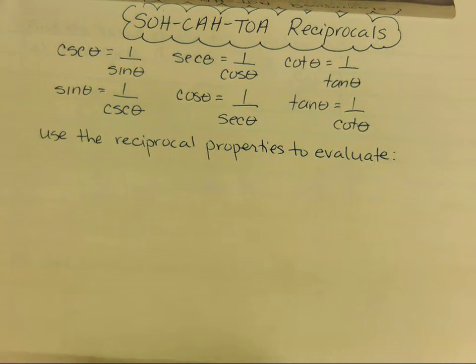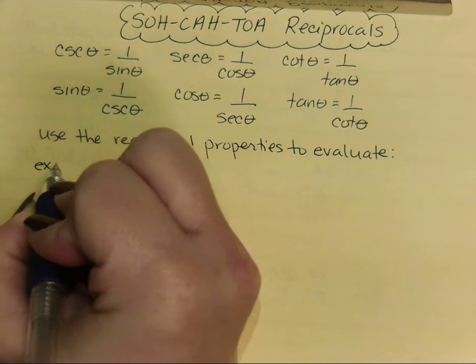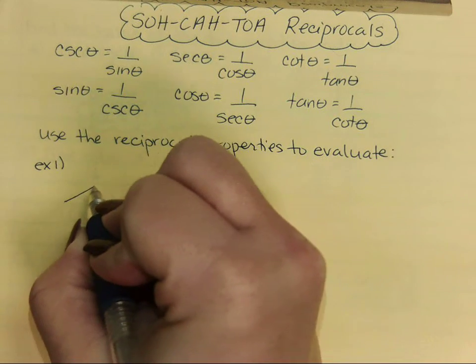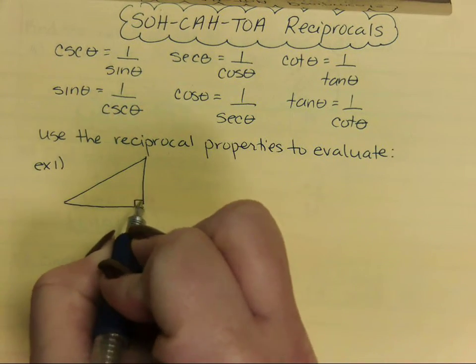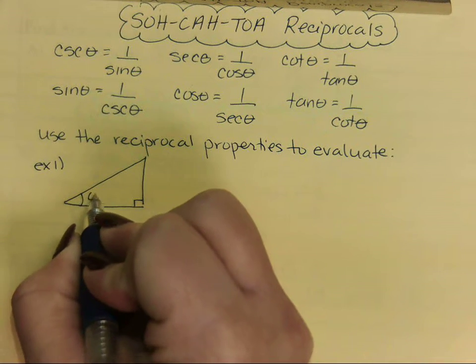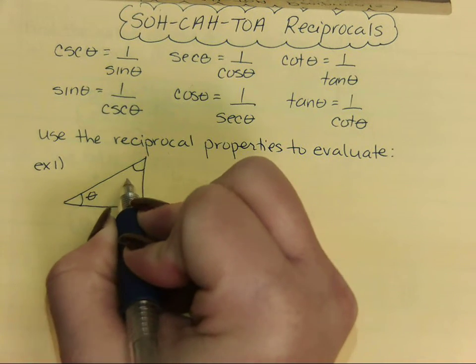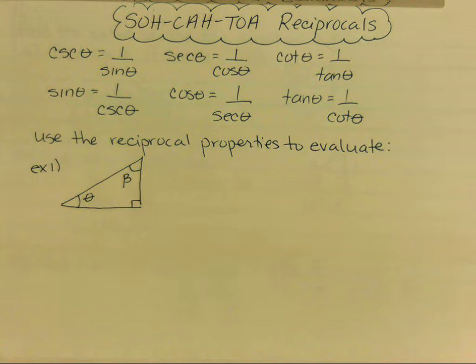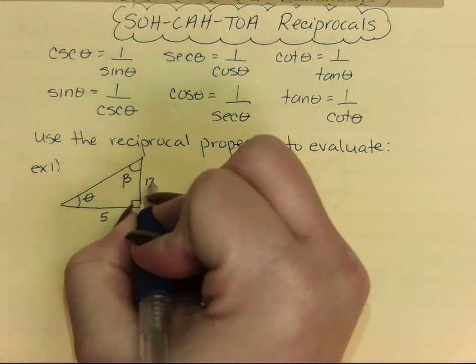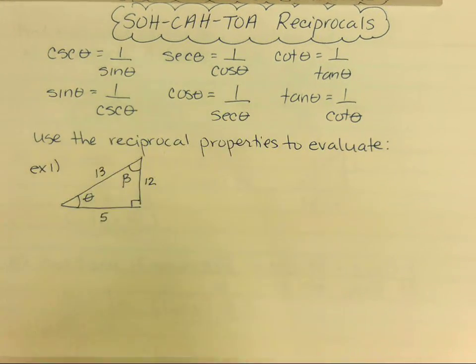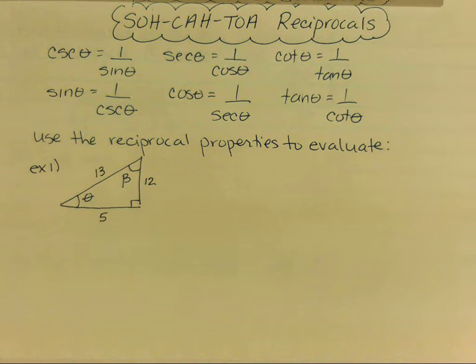That's what we're going to do. So for your first little example, you just want to draw a triangle. And I'm going to label one side or one angle theta and the other one beta. All right, so I'm going to use those little Greek symbols, and then I'll give you all the different sides so you don't have to worry about the Pythagorean theorem. It's just going to be given to you.